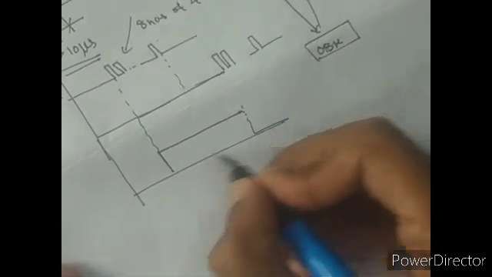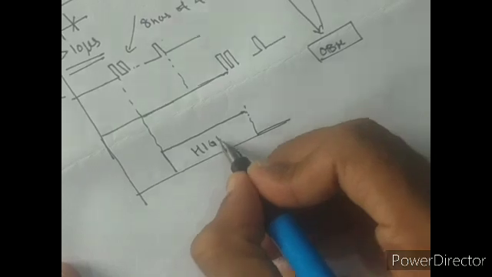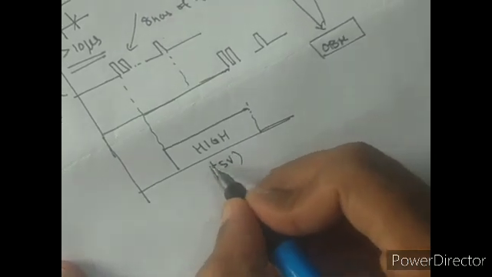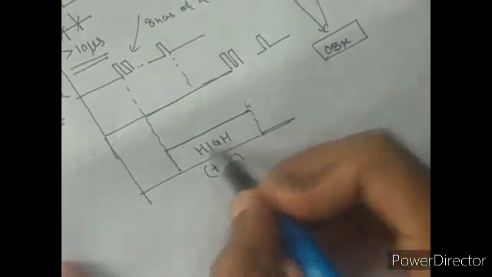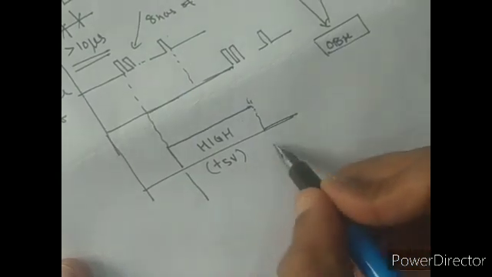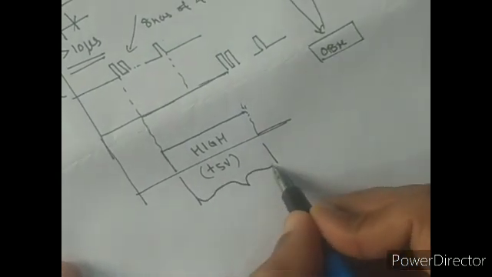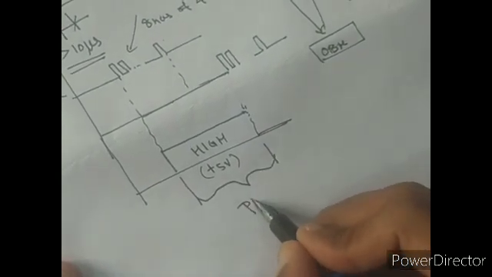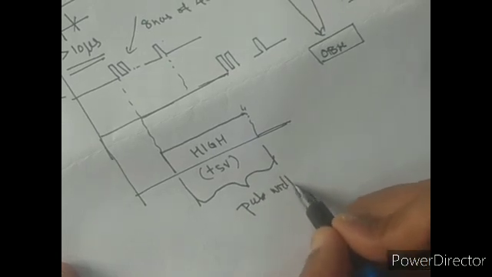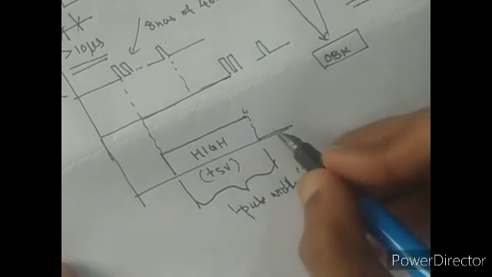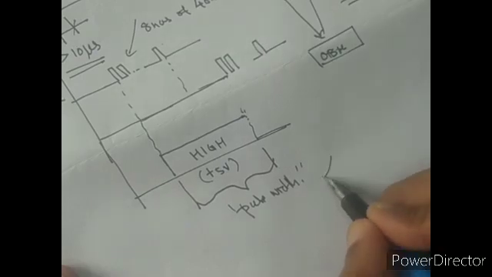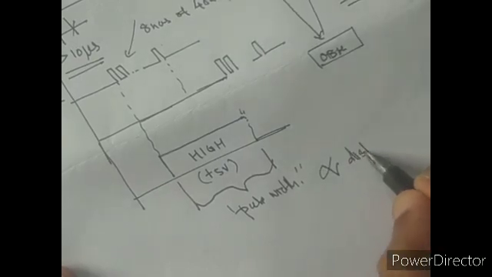So we will get a high signal or plus 5 volt signal, and the information is available in the pulse width. Okay, so this pulse width is directly proportional to the distance.